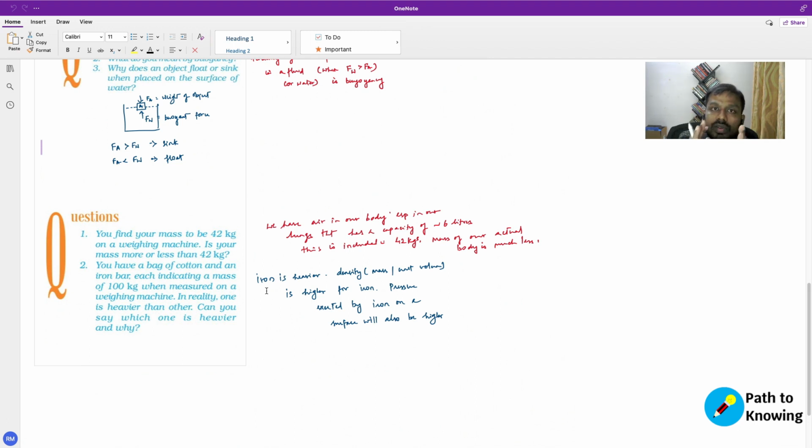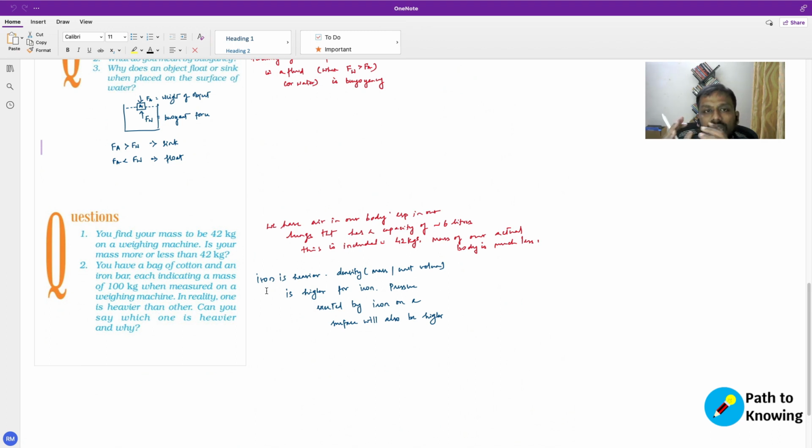And the density of iron is very high. Density is mass per unit volume, which is high for iron, and that's why it takes less space and less volume, right? Whereas cotton, though the mass is still the same as 100 kgs, it will take more volume, and density, which is mass over volume, is lesser for cotton.